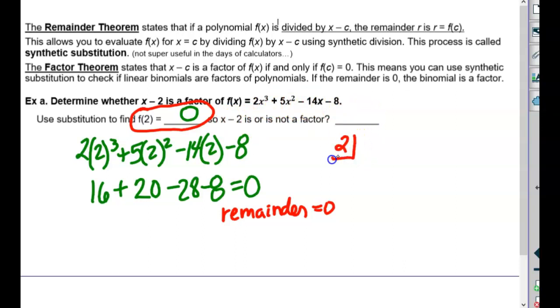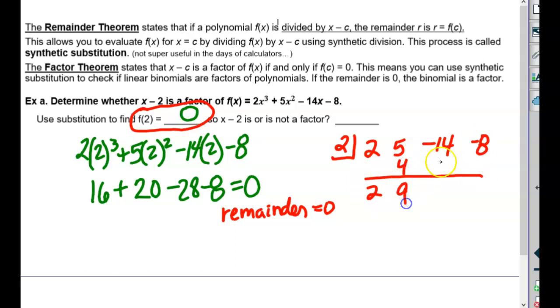Yes, if we did a 2, and you don't have to do this, but I'm just reminding you what this is saying. You would bring down the 2, multiply, add. The remainder would be 0. So putting a 2 in predicted the remainder. We could have actually done it and found the remainder. But is x minus 2 a factor means did it go in evenly? So as long as the remainder is 0, yes, it is a factor.